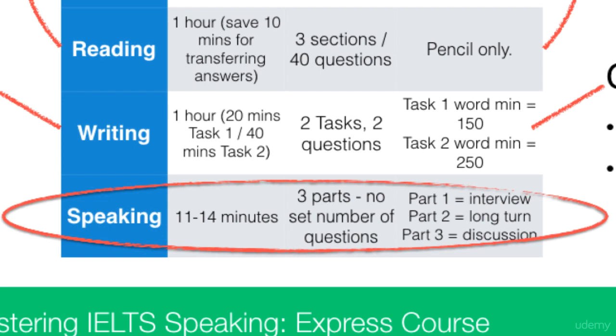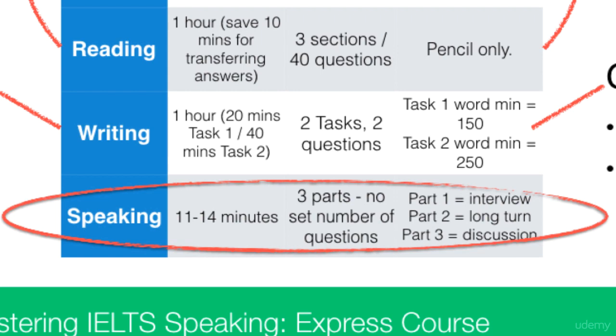This takes around 4 to 5 minutes or 3 to 4 minutes. Part 2 is called the long turn or the talk, and this can take about 3 or 4 minutes. And part 3 is called the discussion, and this again takes about 4 to 5 minutes. They're roughly about the same length for each part of the test here.